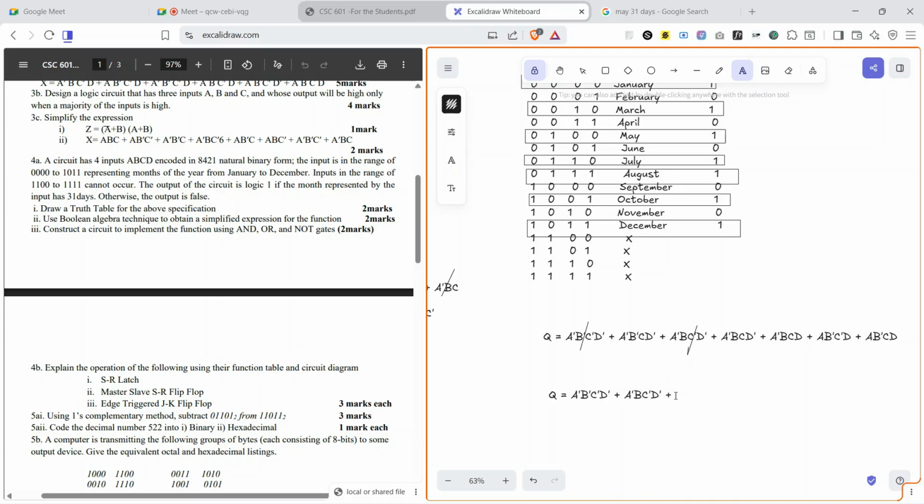So that will be A, B bar, C bar, D plus A, B bar, C, D. So we've eliminated this and we've eliminated this.